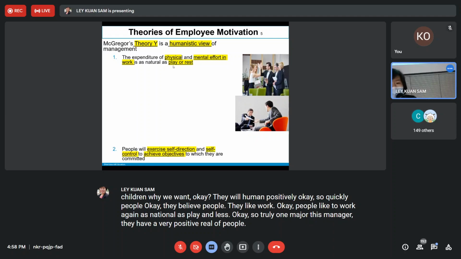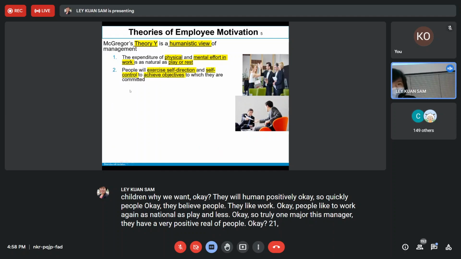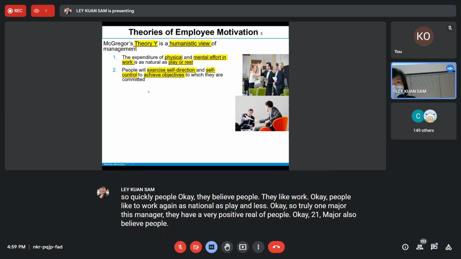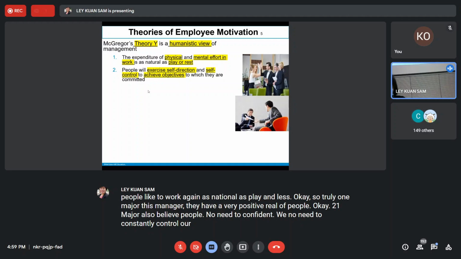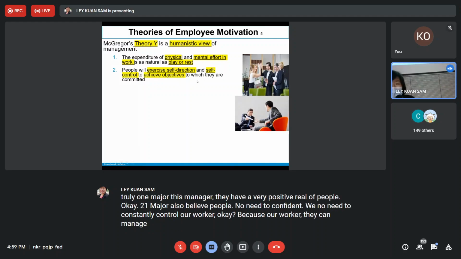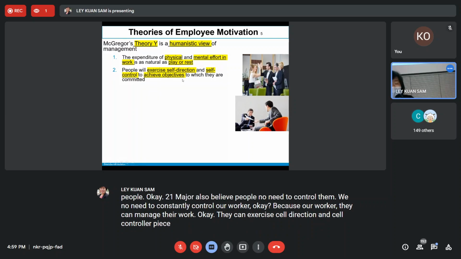Theory Y managers also believe there is no need to control people. We do not need to constantly control our workers, because they can manage their work. They can exercise self-direction and self-control to achieve the objectives, so we do not need to closely monitor our employees.